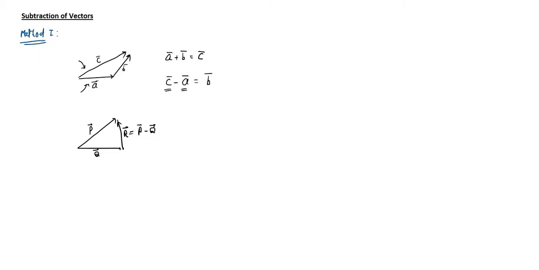So how to subtract two vectors? We need to make the first vector the one from which we need to subtract another vector. We join these two vectors from tail to tail.